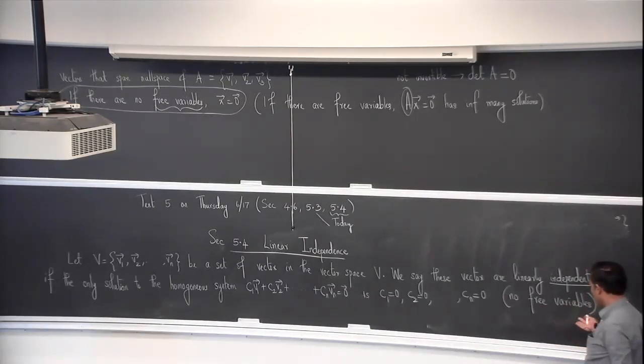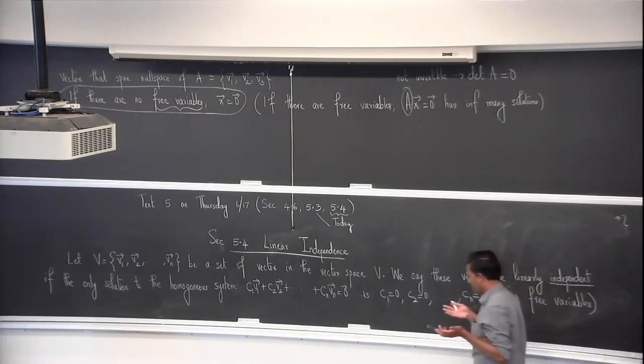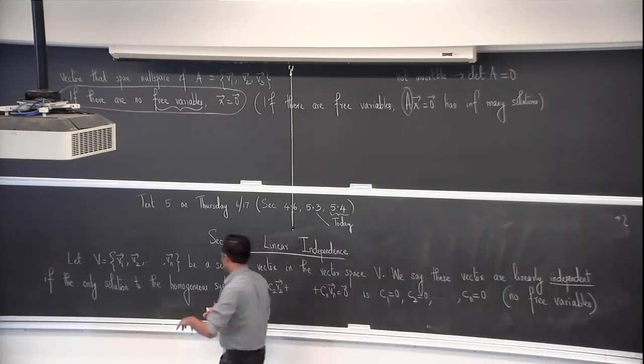But if there is at least one free variable, that is when it becomes the opposite.